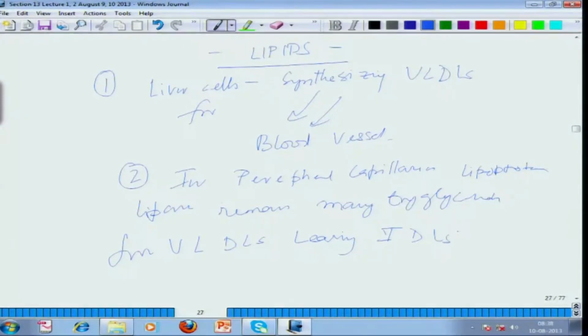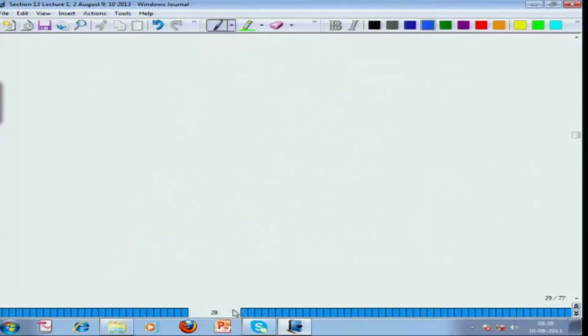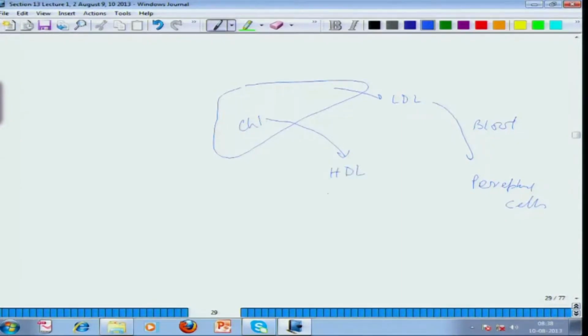If I put it in diagrammatic fashion, it will be something like this. If this is the liver, from here the lipoproteins are secreted through the blood and reach different peripheral cells. I am putting cholesterol as CHL. Cholesterol released from the cells is taken by high density lipoproteins, which diffuse out of the blood vessels and come back.